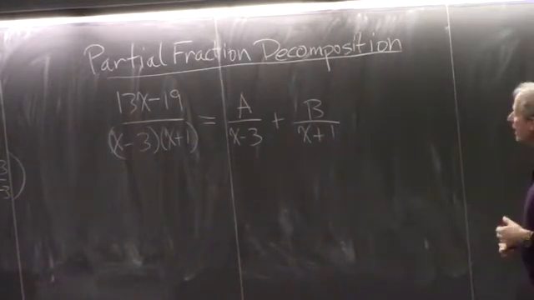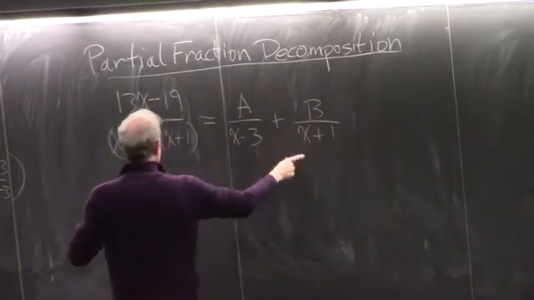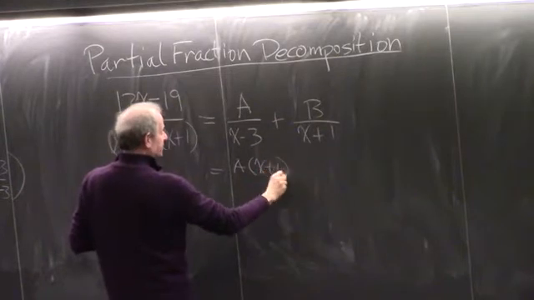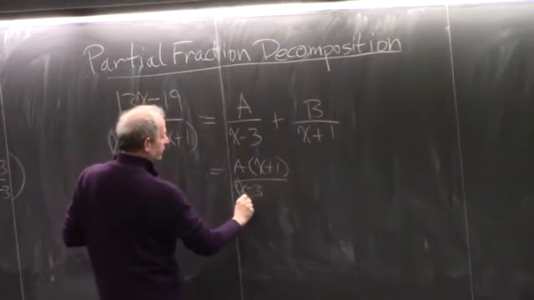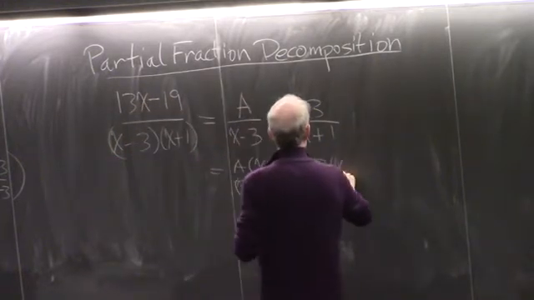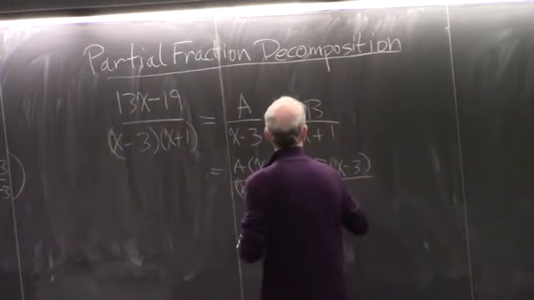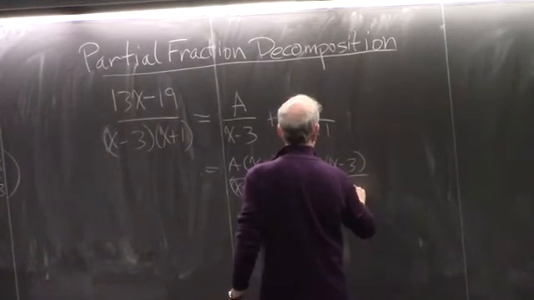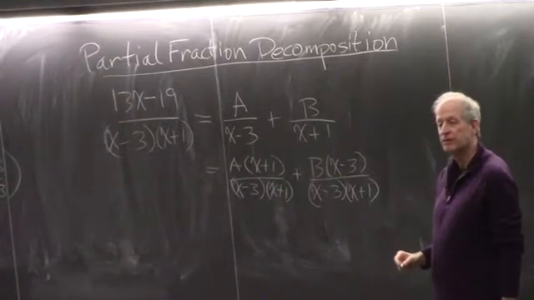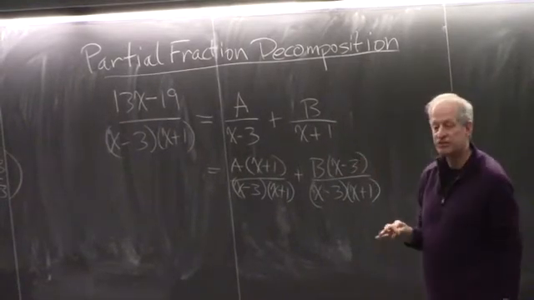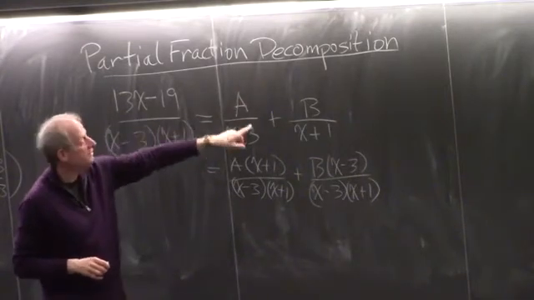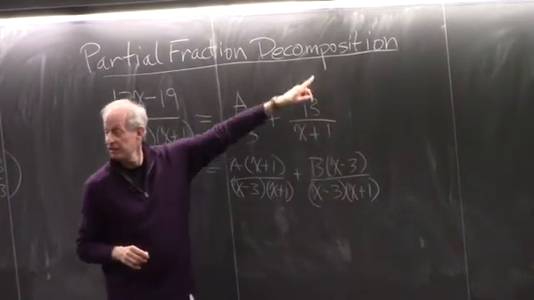Then we say, well, if I took this and I got a common denominator, it would be a times x plus 1 plus b times x minus 3, each over x minus 3 times x plus 1. Remember, pretend I don't know what the answers are. So I got a common denominator: multiply this by x plus 1, and multiply this by x minus 3.